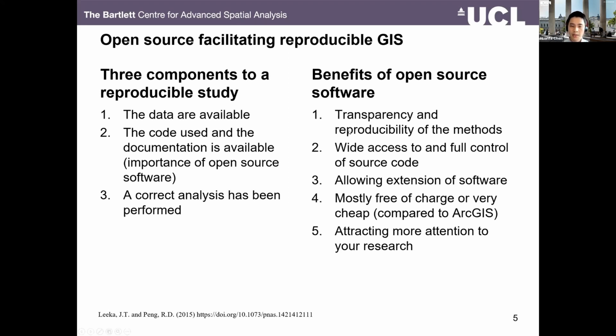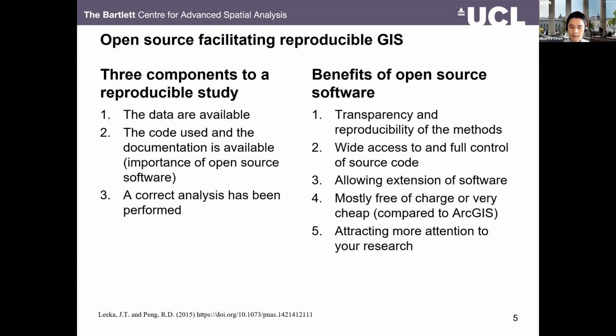But what are the specific benefits of using open source for GIS and spatial analysis? There are 5 main benefits here. The first one is that the transparency and the reproducibility of a study can be guaranteed. The second is the wide access to and full control of the source code. And the third is that it allows for easy extension of the software.